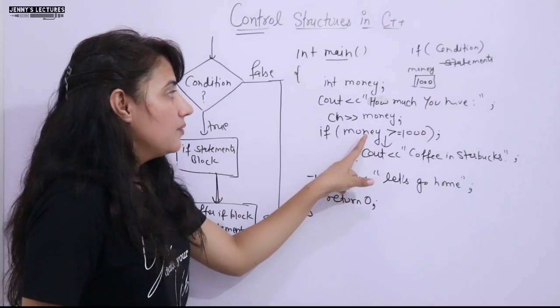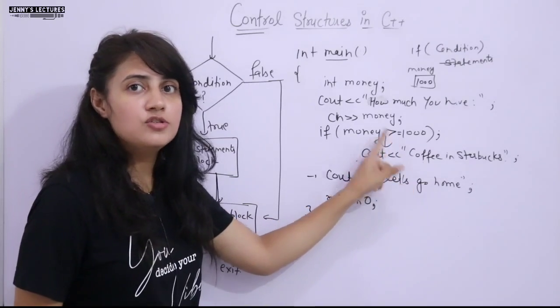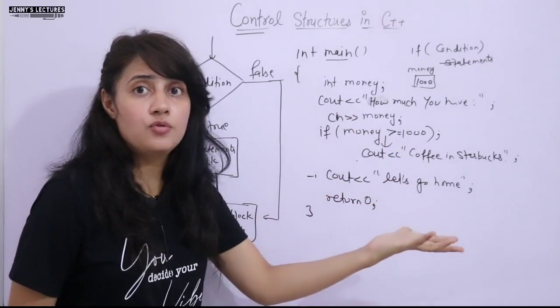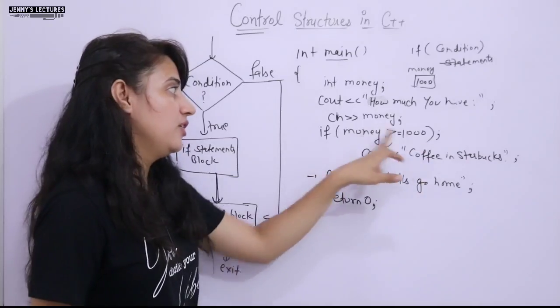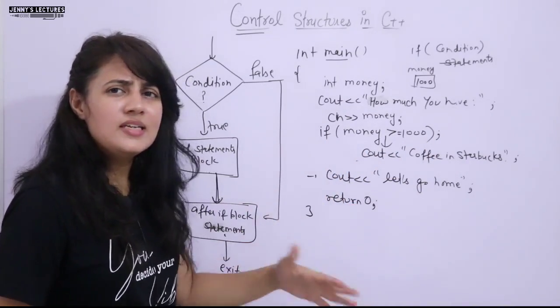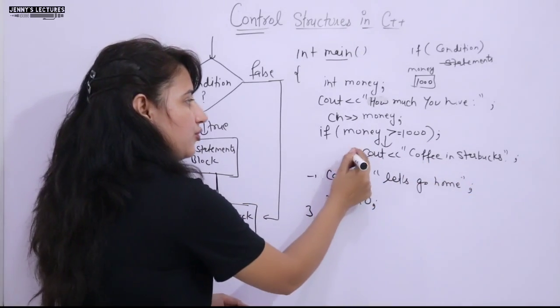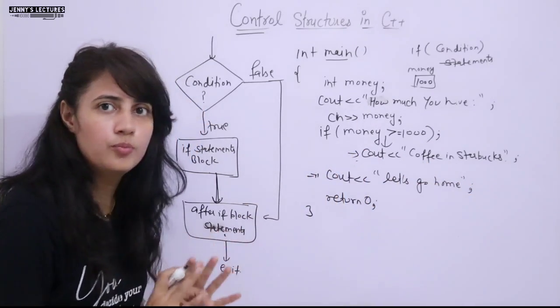See, this is what you can say is the termination of this if block. Means there is no use of checking the condition now. You have just terminated this if condition here. So in this case, whether the condition is true or false, this would be executed. The if block as well as the after-if block would be executed.